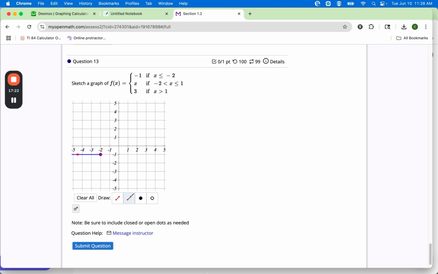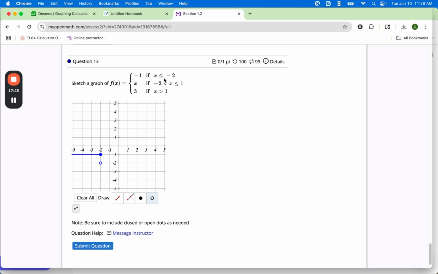Now I want y equal to x. So if x is negative 2, y is negative 2. If x is 1, y is 1. If x is 0, y is 0. So negative 2 less than x, I have to have an open circle at negative 2, negative 2. Right?